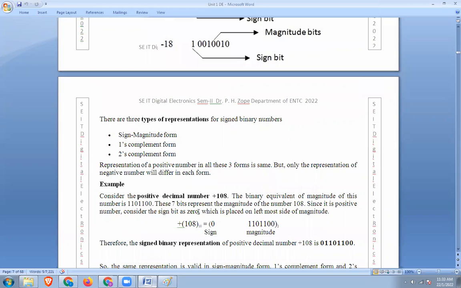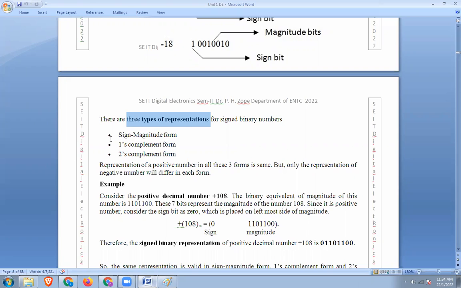But now again, along with this point, in connection with this point here, I tell you here, there are three types of representations. Okay, whenever I go for the representations of numbers, okay, sign binary numbers, in our programming also, we need these particular things. Okay, so here it is a must to represent the sign binary numbers.